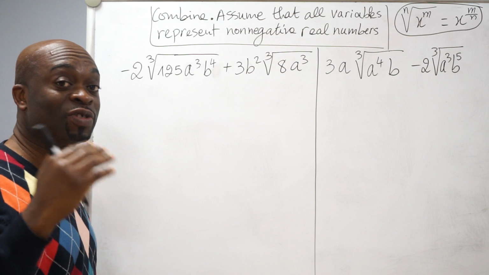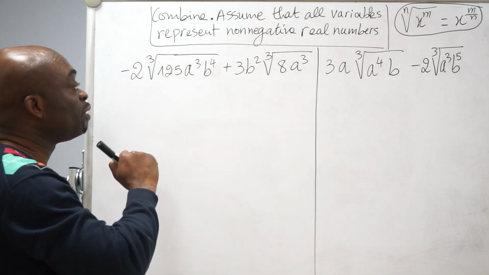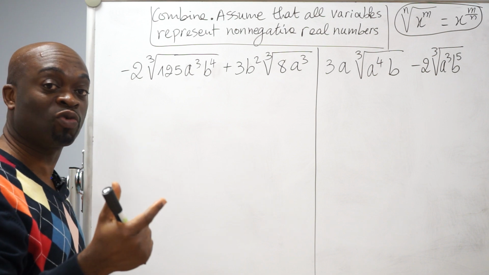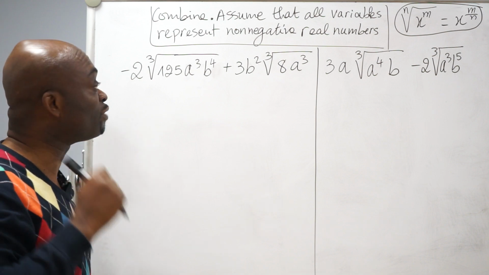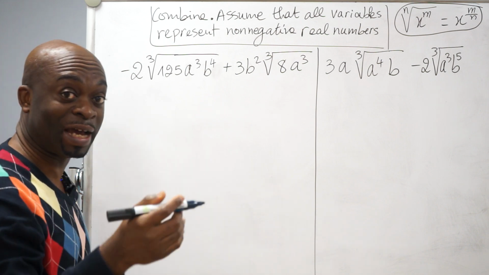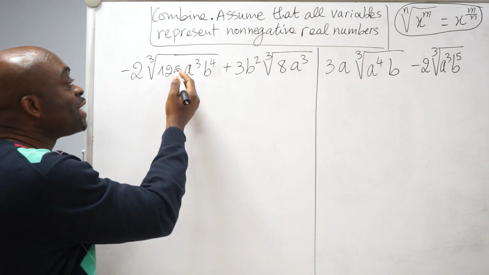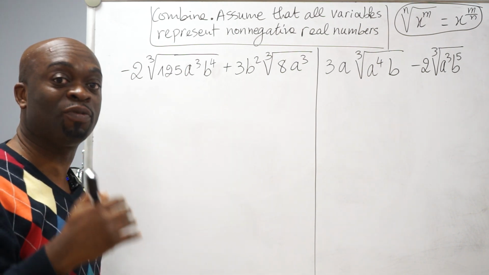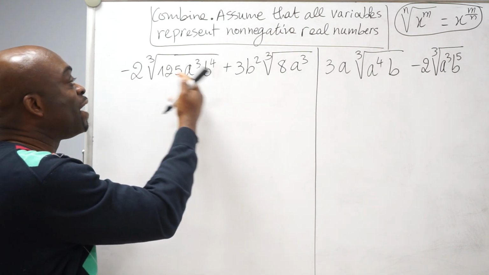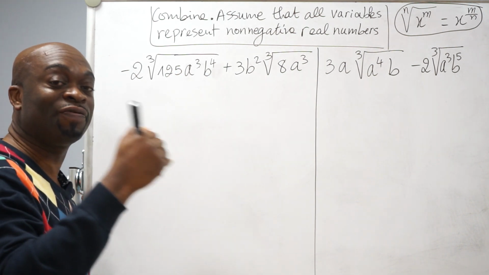You will know them. Once you see the cube root of 125, you already know it's going to give you 5, because 5 times 5 is 25, and 25 times 5 is 125. Or somebody can just take the 125 and divide it by 5, because any number that ends with 5 is divisible by 5. So 125 divided by 5 gives you 25, and 25 divided by 5 gives you 5.